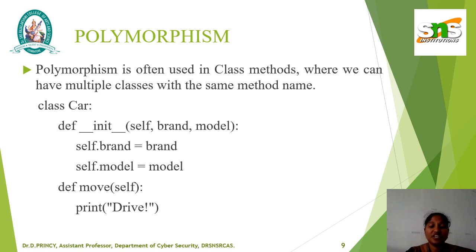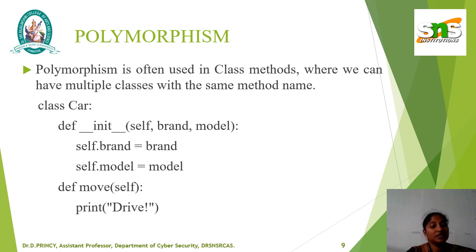Polymorphism. In general, we know that poly means many. So giving more than one form is called polymorphism. It is used in class methods, that means multiple classes share the same method name. For example, here Car is a class which has a method called move.